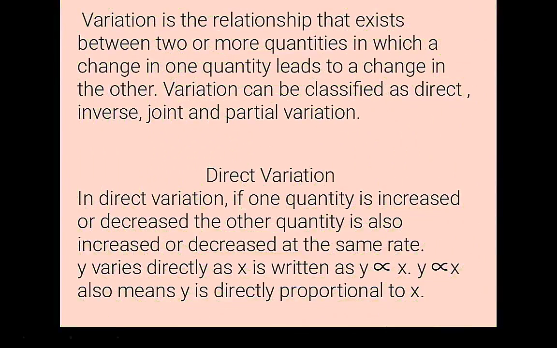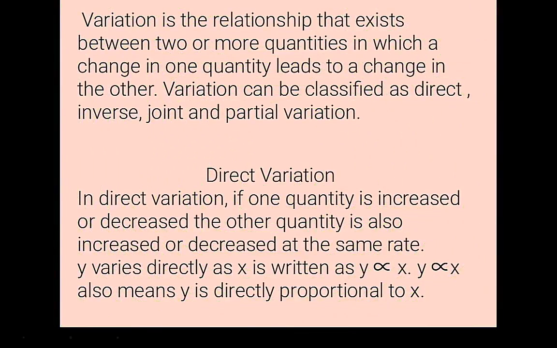Variation is the relationship that exists between two or more quantities in which a change in one quantity leads to a change in the other. Variation can be classified as direct variation, inverse variation (don't forget we say inverse variation is also indirect variation), joint variation, and partial variation.